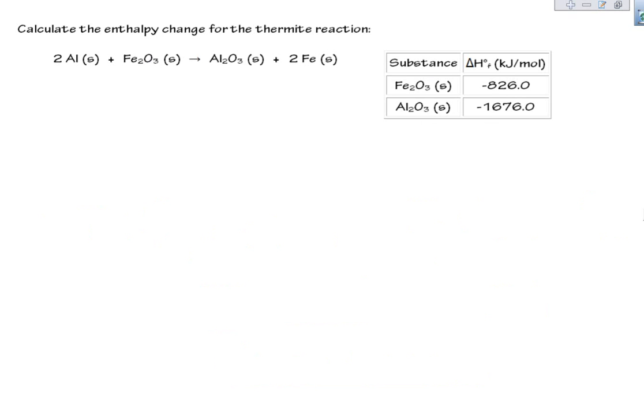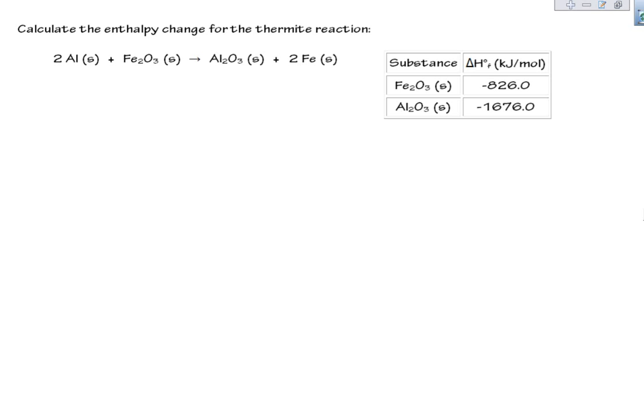This is the one that we're going to totally do in the lab. But we're going to make this a little more exciting than the way they've got it listed here. We're going to take some solid aluminum and react it with some iron oxide, which is just rust. It'll be like a rusty colored solid. It's kind of a single replacement. We can form aluminum oxide and iron.